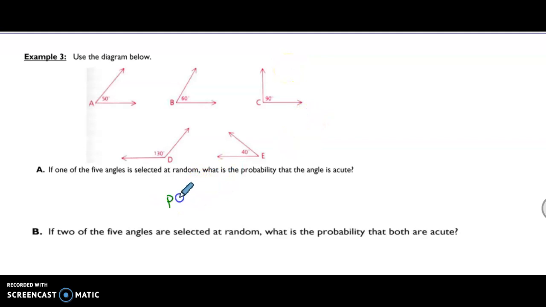So probability that the angle is acute, okay? So there are 5 angles, right? 5 of those. And how many of those are acute? We have 50, 60, and 40. That's 3 of those, right? So 3/5, okay?